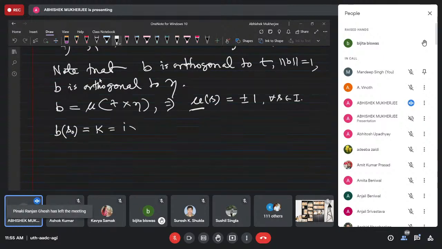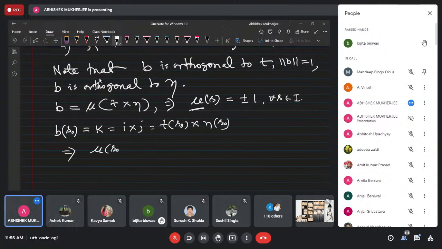K is I cross J, right? That means it is T(s naught) cross eta(s naught). So from the initial situation, this tells you that your mu(s naught) must be 1. But since mu is a constant map, mu of s is 1.